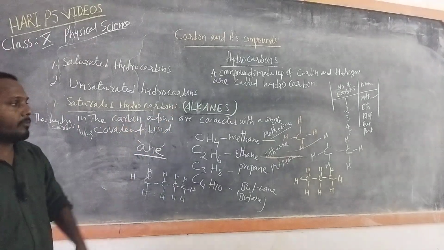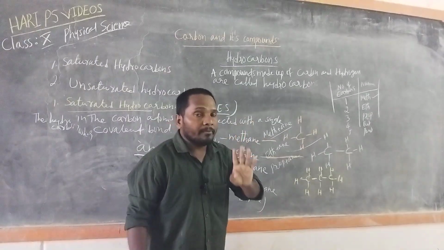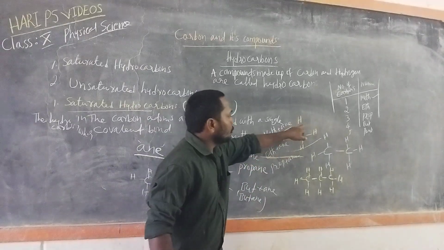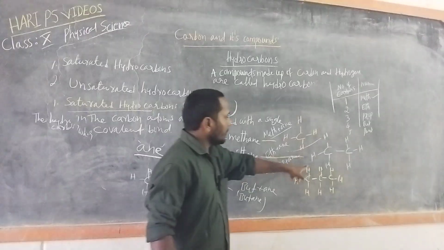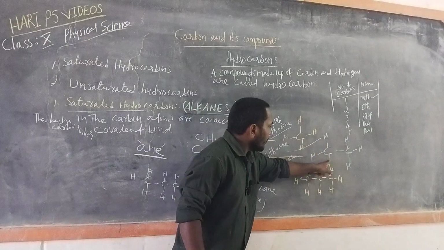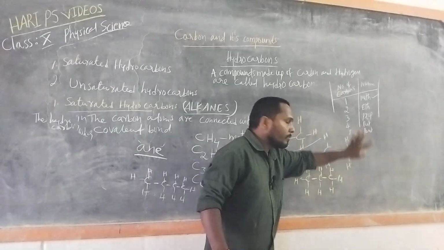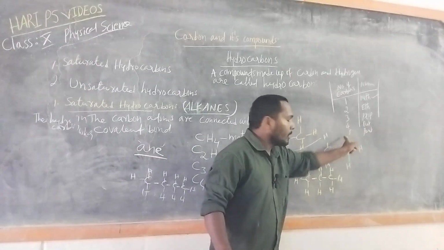Observe that in every compound, carbon has 4 atoms around it. 4 bonds are formed. In methane, carbon is a tetravalent element with valency 4. 1, 2, 3, 4 atoms.